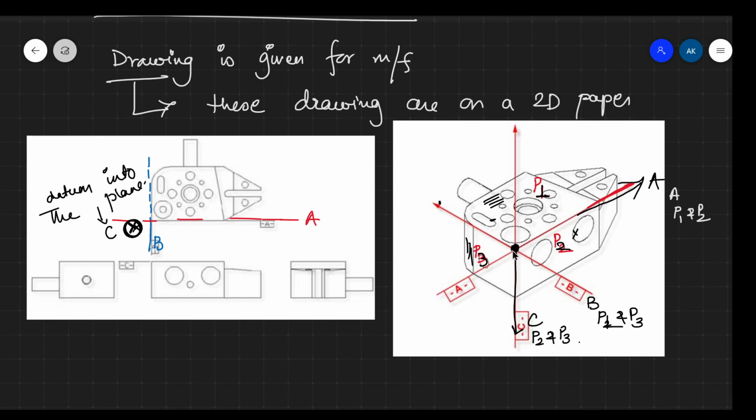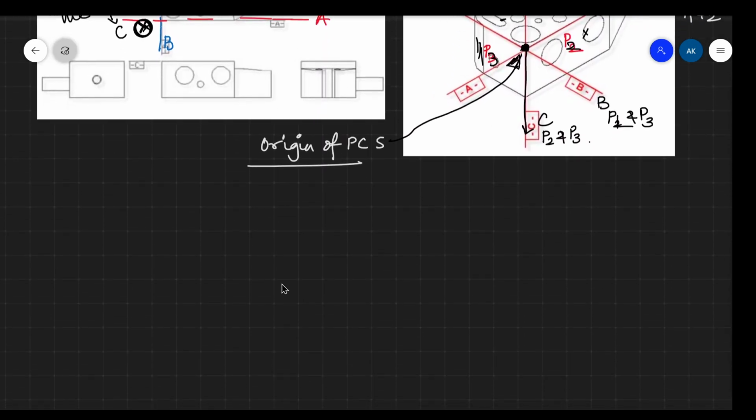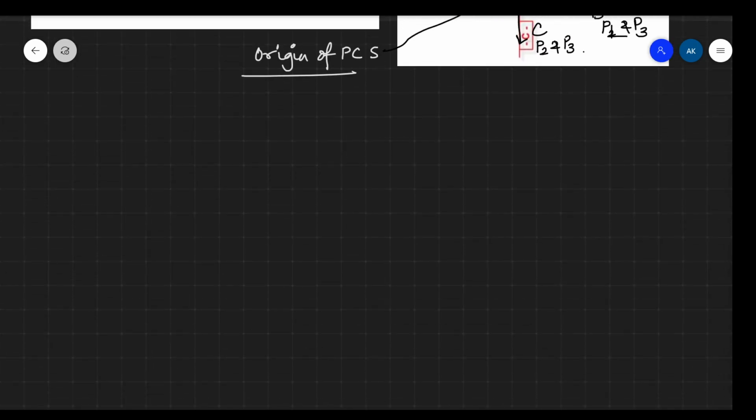This point will become the origin of the part coordinate system. Okay. So once you have the part coordinate system and once you have the machine coordinate system, you can start doing your measurements, and then it will be very easy to have a relationship between them.